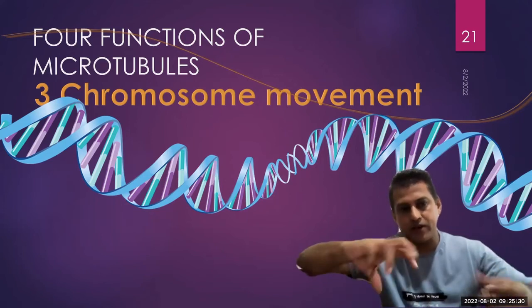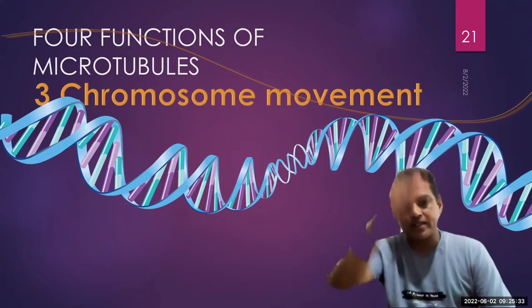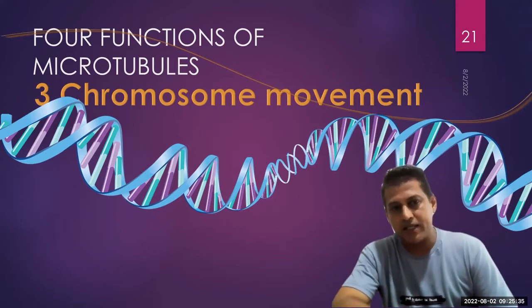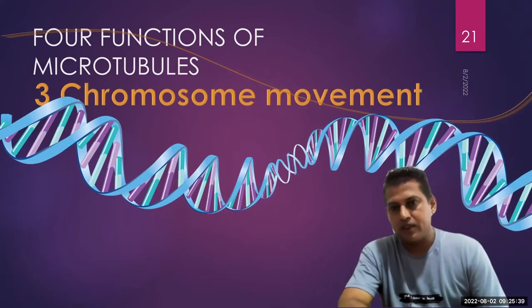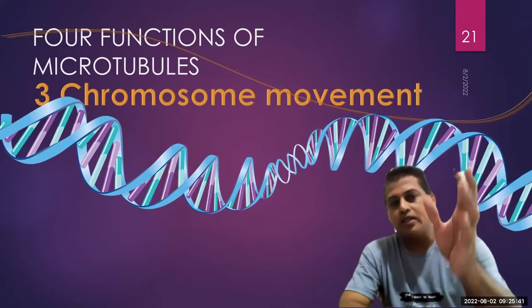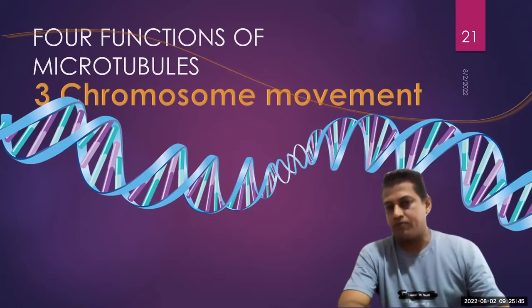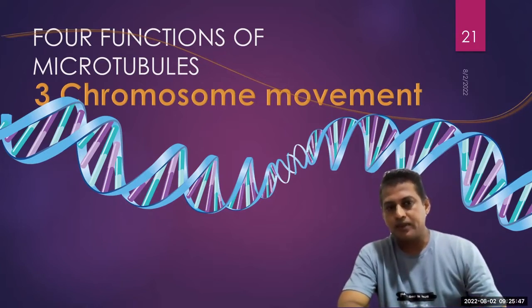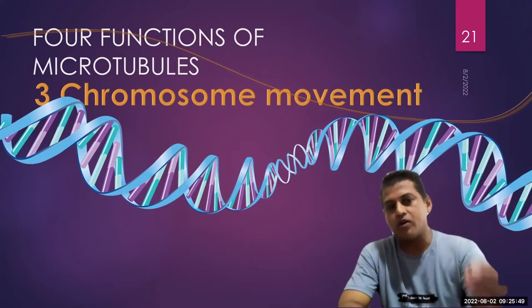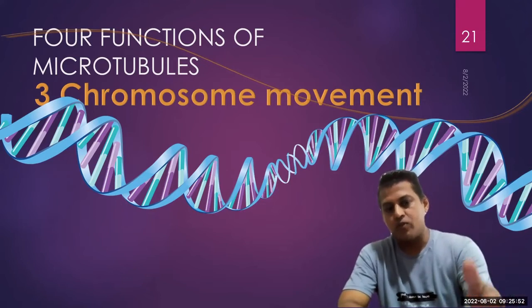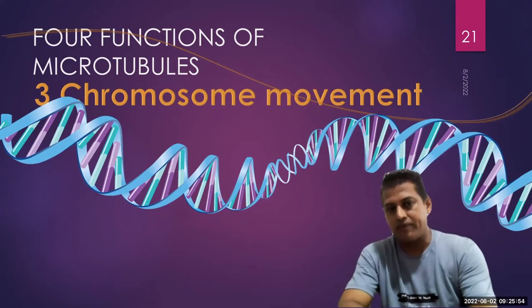After that, they rotate around the axis to make this double helix structure. That's a DNA molecule. Now, how does the DNA molecule change into chromosome? So why do we call the DNA molecule a chromosome? What is the difference between chromosome and DNA?